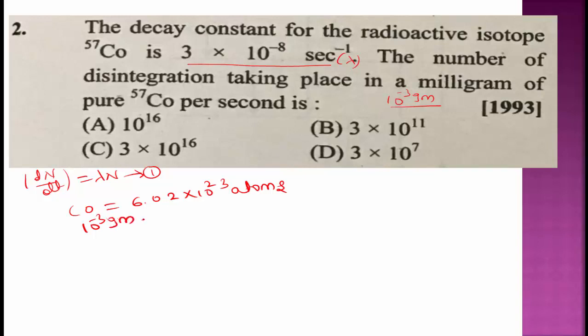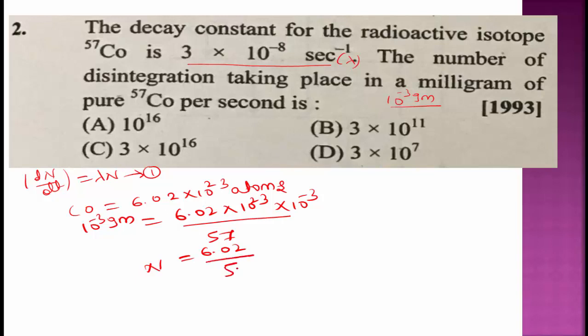So 1 milligram of cobalt contains 6.02 into 10 to the power of 23 divided by 57 into 10 to the power of minus 3. We get the value N is equal to 6.02 divided by 57 into 10 to the power of 20 atoms.